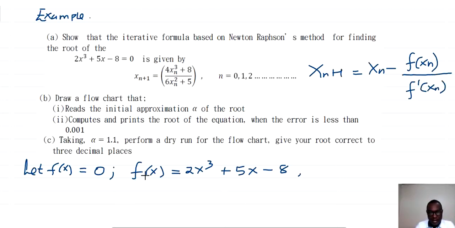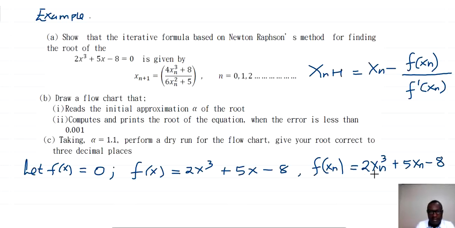So from here, we can discretize this function. This is a continuous function. We discretize it to have f(x_n) giving us 2x_n^3 + 5x_n - 8.